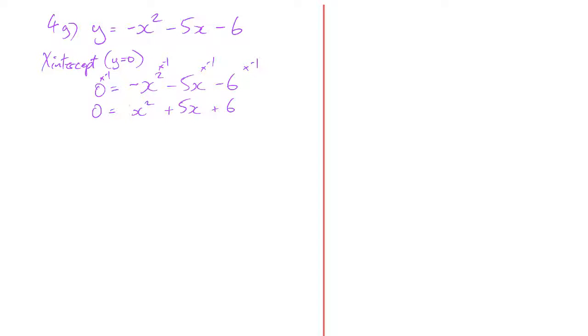I just think a value of +1 gives us a simple monic quadratic, which makes it easy to solve. So A, C, and B. AC is 6, B is 5. So of course 2 threes are 6, 2 plus 3 is 5. 0 equals x plus 2, x plus 3.